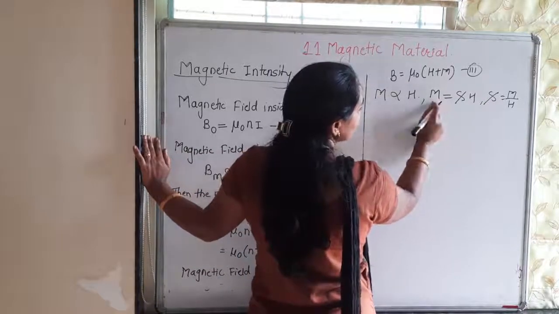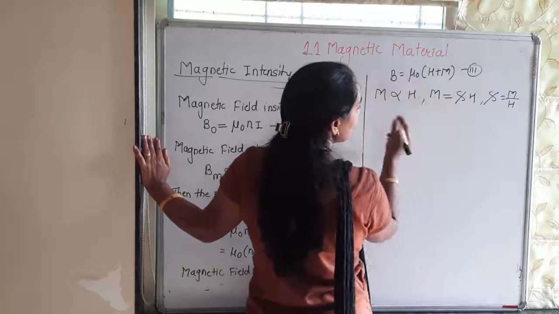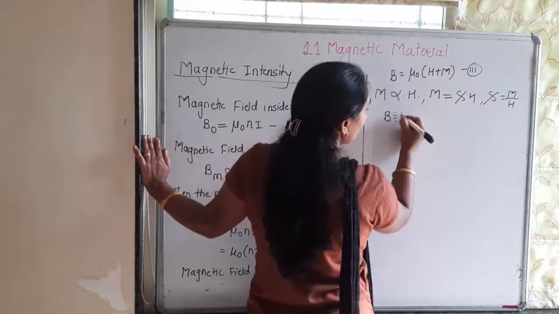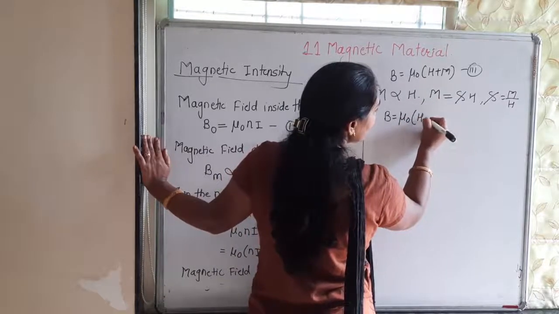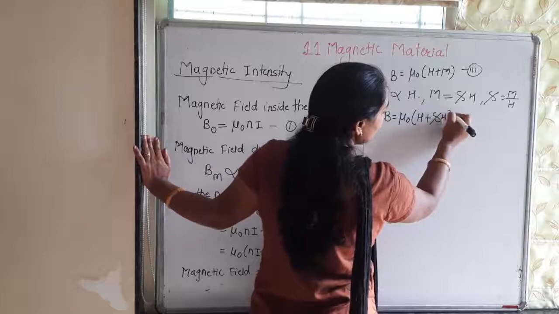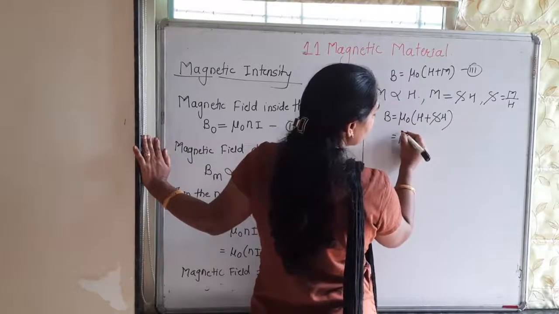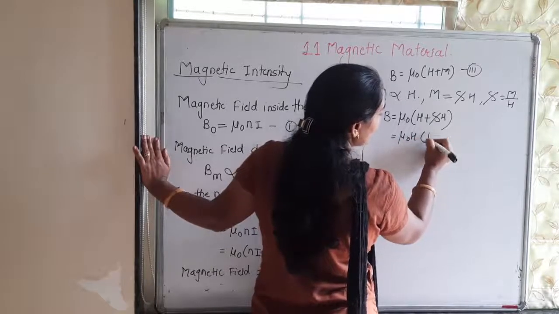Substituting this M value in equation 3, B is equal to mu0 into (H plus chi H). H is common, so take it outside: mu0 H into (1 plus chi).